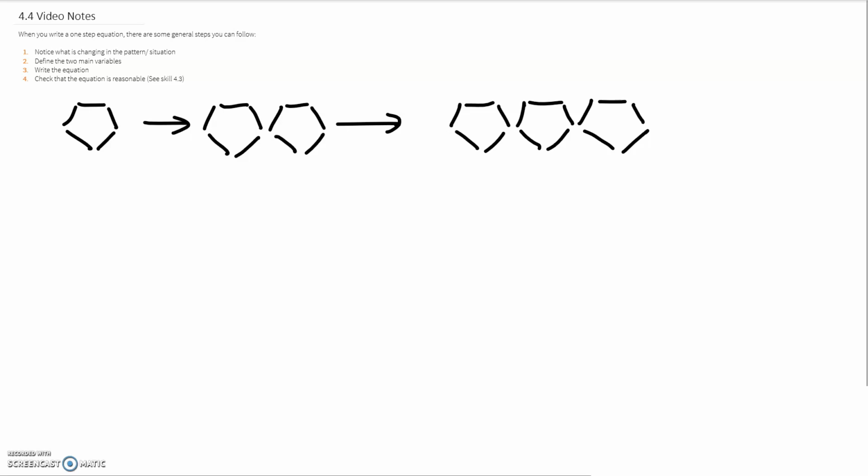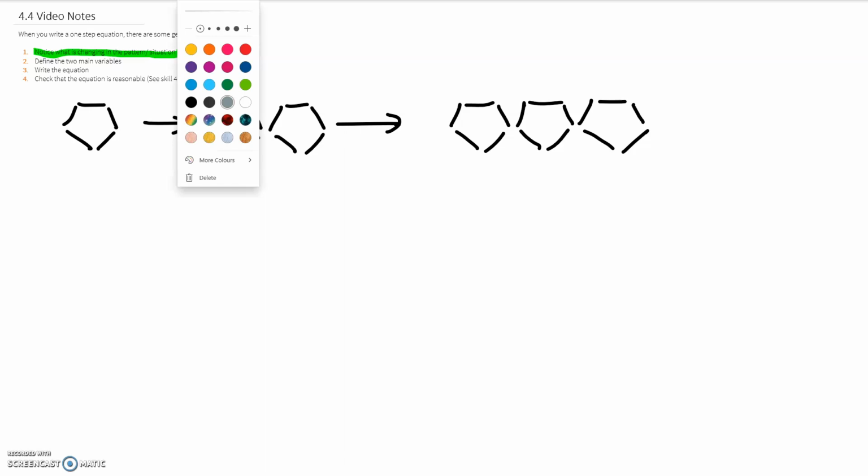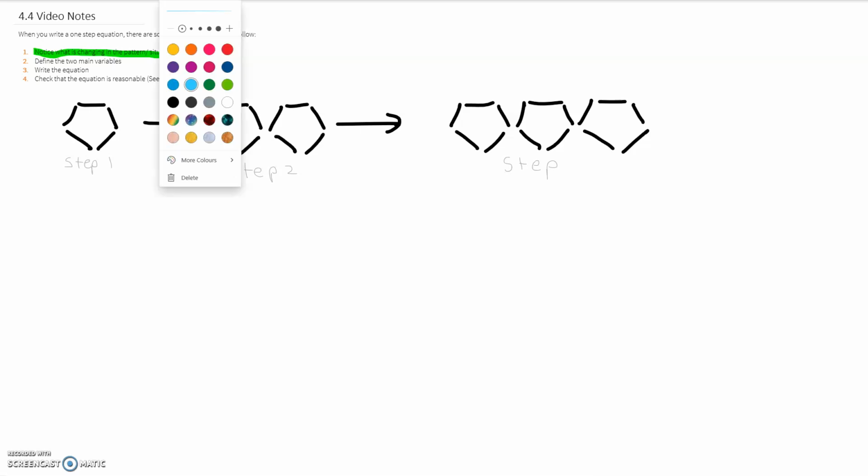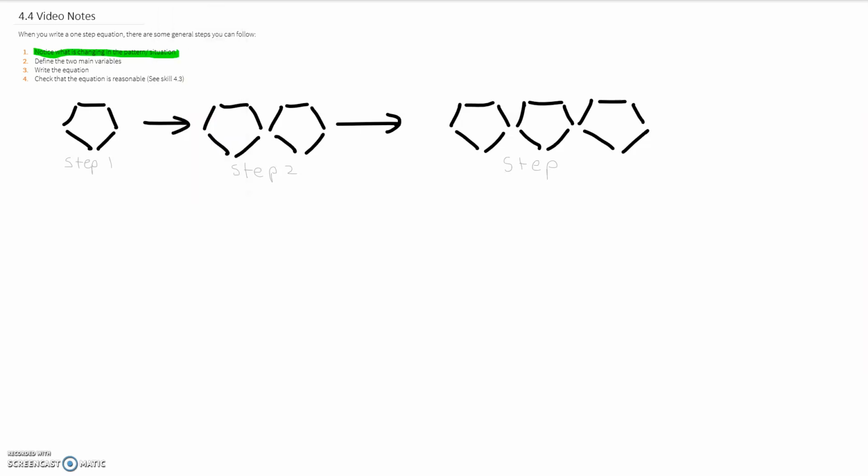The first thing we need to do is think about what is changing in this pattern. Well, we know that we're changing steps in the pattern. So let's call this step 1, step 2, and step 3. And between each step, we know that the number of matchsticks is changing. So we start off with 5 sticks, and then we have 10 sticks.